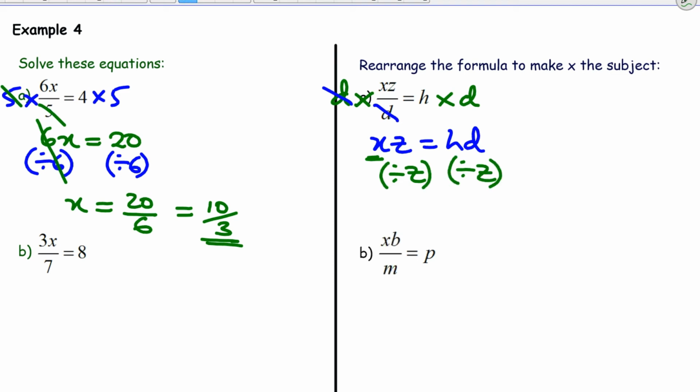Now, z divided by z will be 1. So you end up with x is equal to hd over z. Okay? So x is equal to hd over z.